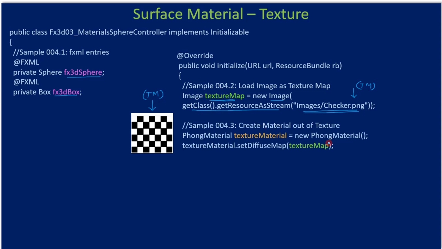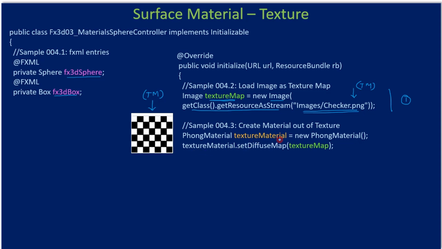Then, as we already know, this is the first step: we create the map and we are loading it from the image file. You can use a JPEG, PNG, whatever image file is supported by Java. You can load that, then create a PhongMaterial, and this time we are accessing the diffuseMap property.